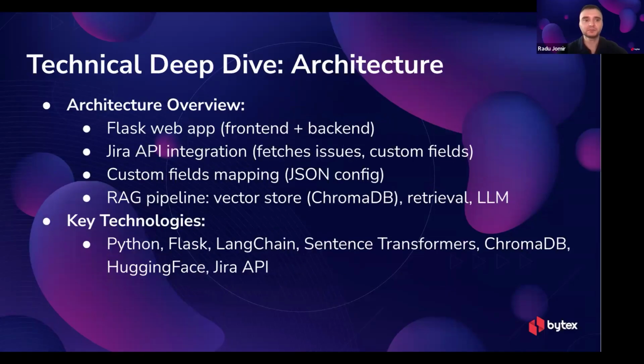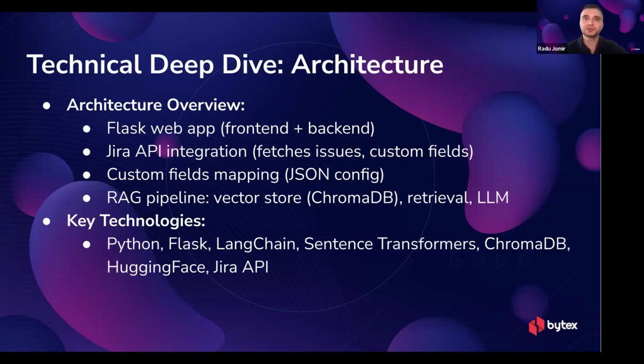Let's discuss the technical depth a bit, the architecture. So our architecture is built around a few key components. We have a Flask web application that handles the user interface and coordinates everything. We use sentence transformers to create intelligent embeddings of the Jira ticket data, which enable semantic search and understanding of ticket content.